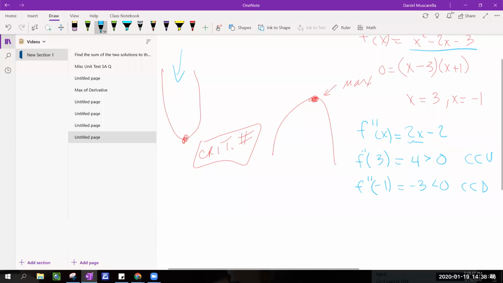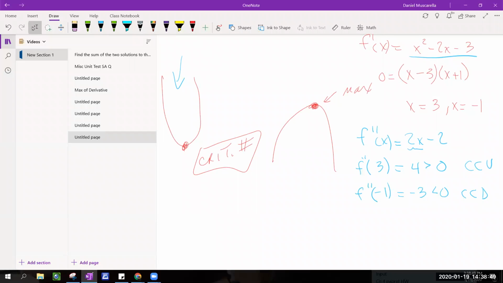The way you would explain that is you'd write this big long phrase: since f prime of 3 equals 0 and f double prime of 3 is less than 0, there is a relative... Now, if you're concave down, you're going to have a relative max because you're concave down. Relative max at x equals 3.